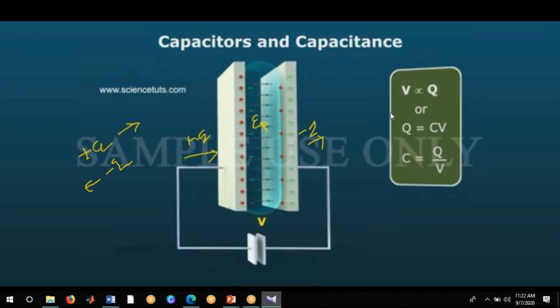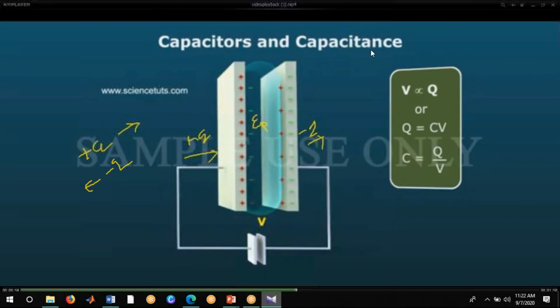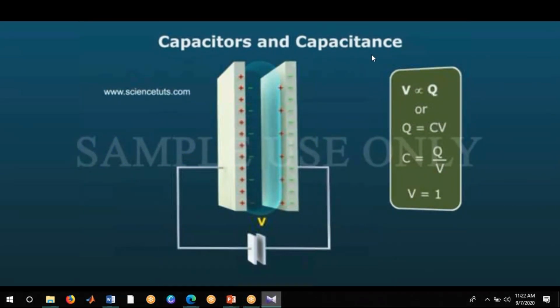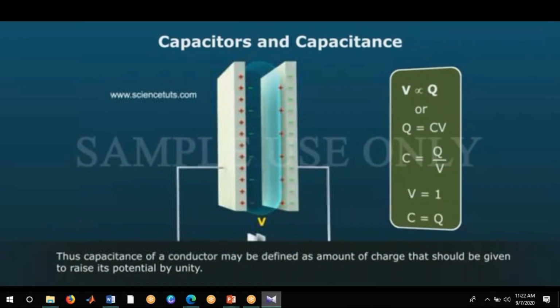Electric capacitance, the capacitor. If V equals 1, then C equals Q. Thus, capacitance of a conductor may be defined as the amount of charge that should be given to raise its potential by unity.